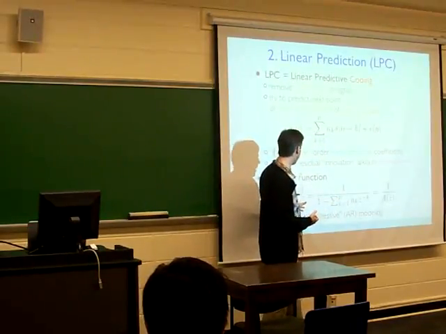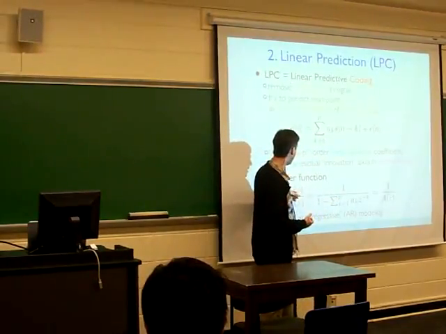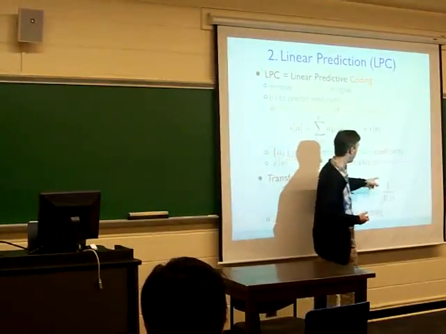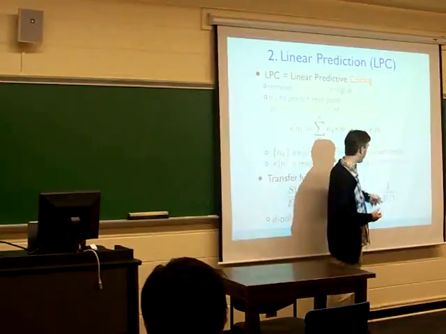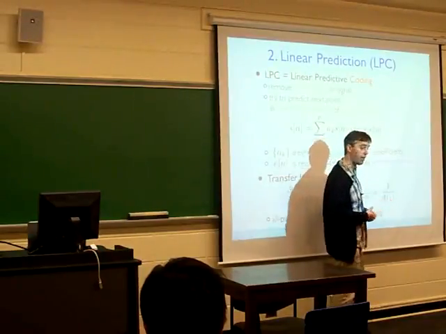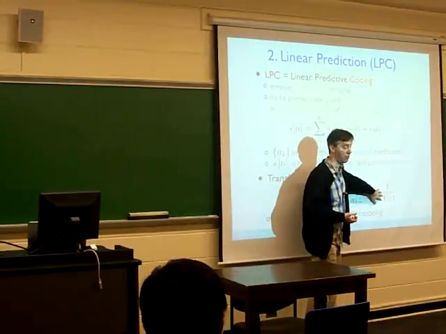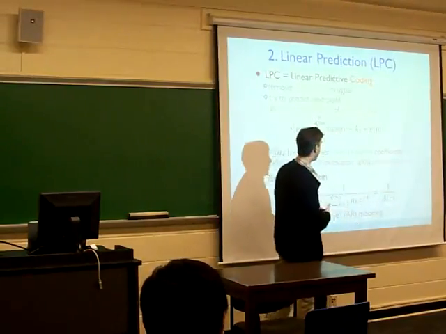This says the output S(z) can be generated from the input E(z) by passing it through a filter whose z transform is 1 over A(z), where A(z) is the finite order polynomial in z, which is to say this is just an all-pole filter with a finite number of poles.